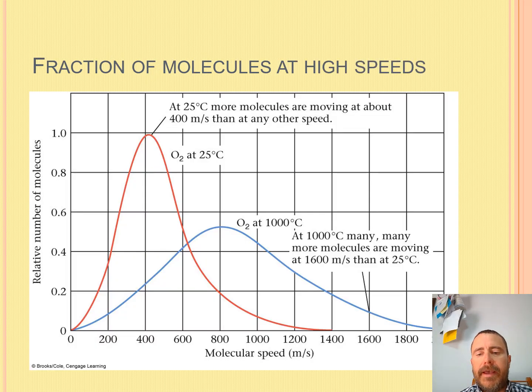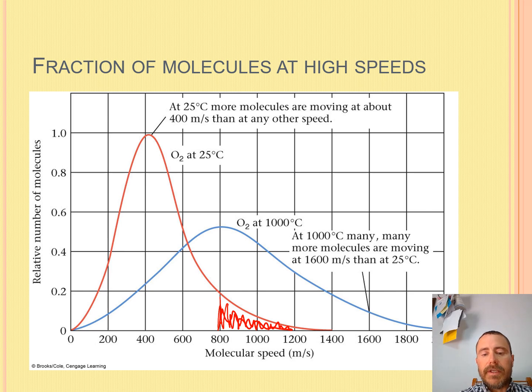So let's say that if our oxygen molecules were moving at least, say, 800 meters per second, then they would have enough kinetic energy to overcome the activation energy to have an effective collision, have the reaction take place. Well, if our gas was at room temperature, only the molecules up in here would be moving fast enough in order for us to have effective collisions.